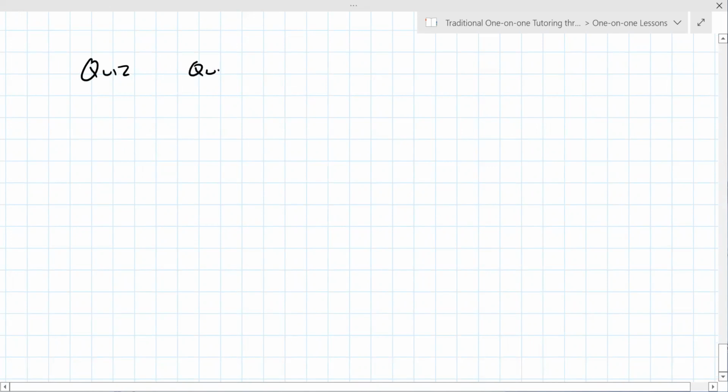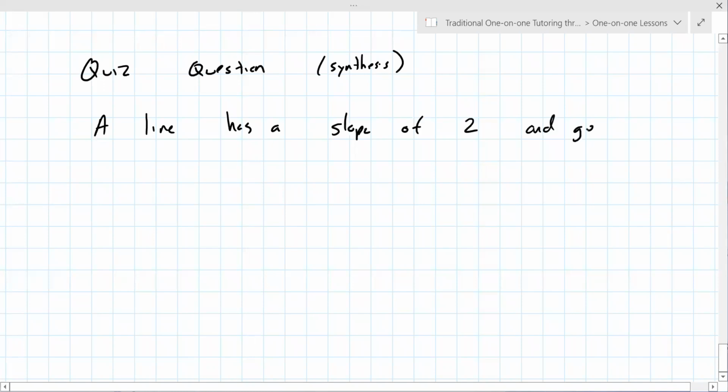So here is your quiz question. This is a synthesis now of what we've been doing. It would say: a line has a slope of 2 and goes through the point 4 comma -3.